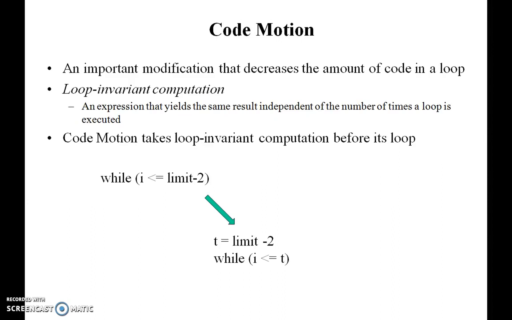The next one is code motion. This is also very important. This is particularly about loop optimization. Inside the loop optimization, if you look at this example, while we are checking I is greater than or equal to limit minus 2, just see here, inside that loop we are giving some expressions.